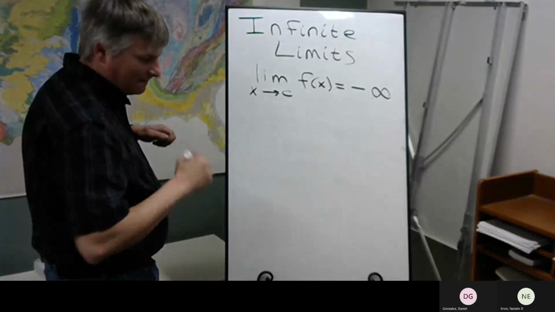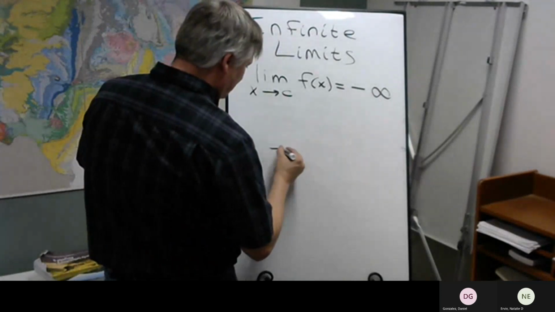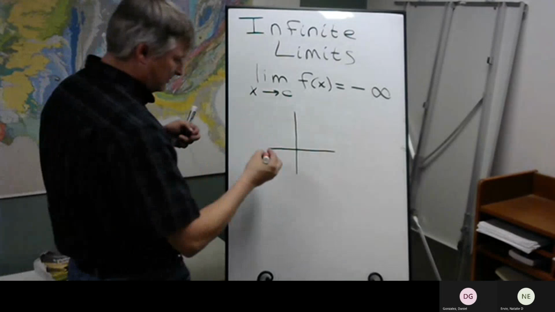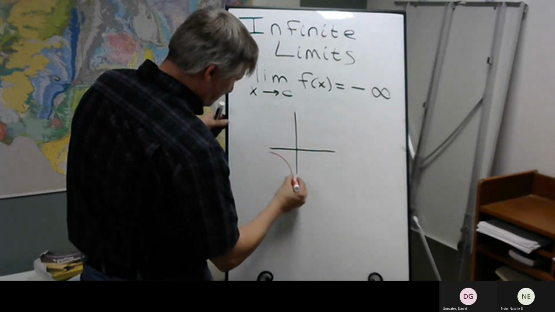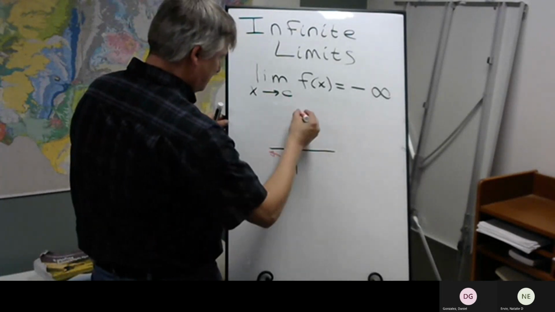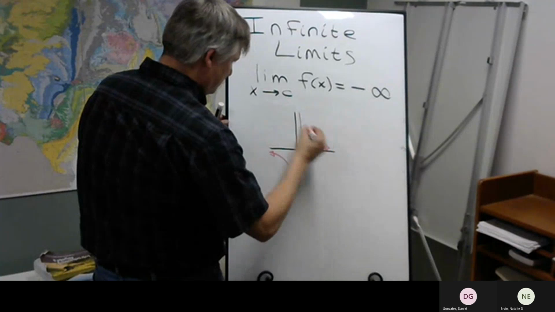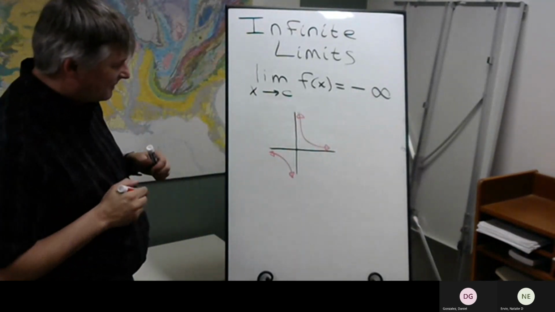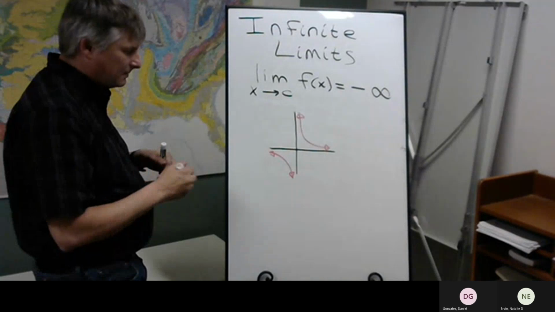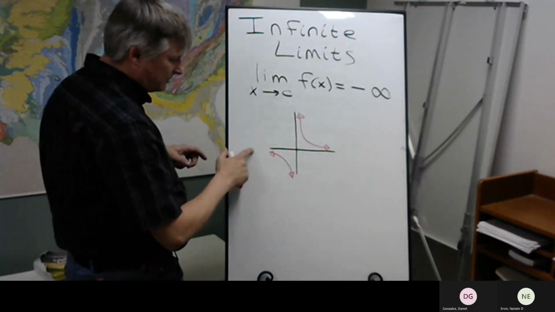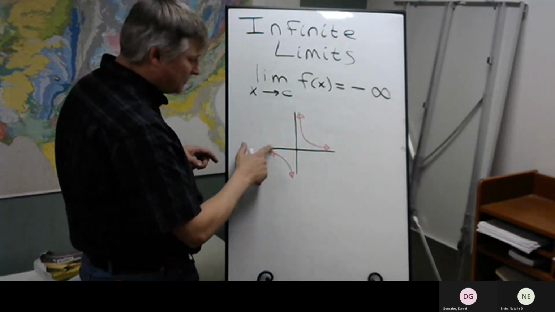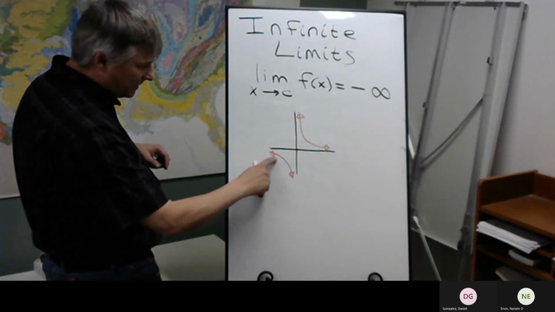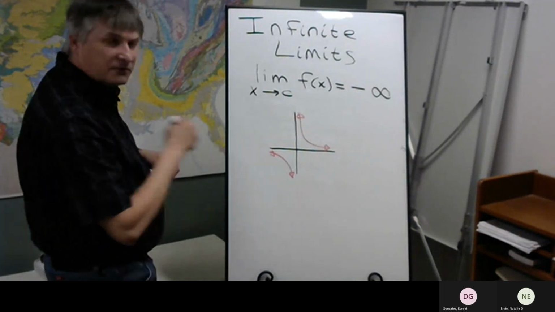So what we have here, again, let's take a look at this. Now, in this case, if we approach, move along the x-axis towards 0 from the negative side, or the left side, f of x is just going to get farther and farther down.